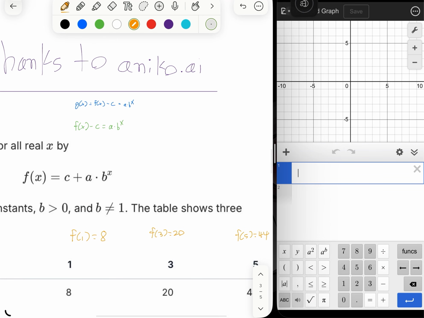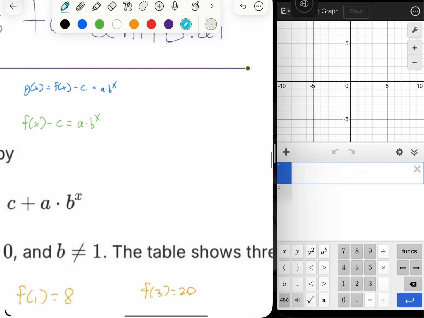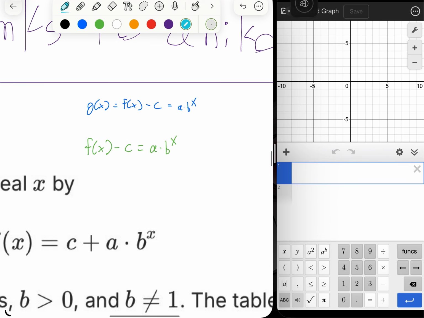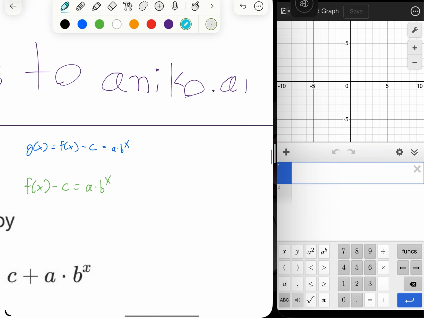Now, why is that important? Well, now let's find the equivalent g of x. So what's g of 1 equal to? Here, g of 1, we defined earlier as f of x minus c. So g of 1 equals f of 1 minus c. g of 3 equals f of 3 minus c, and g of 5 equals f of 5 minus c.